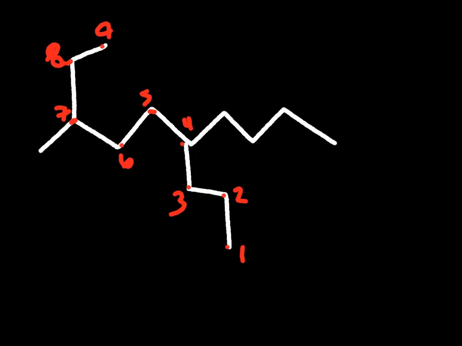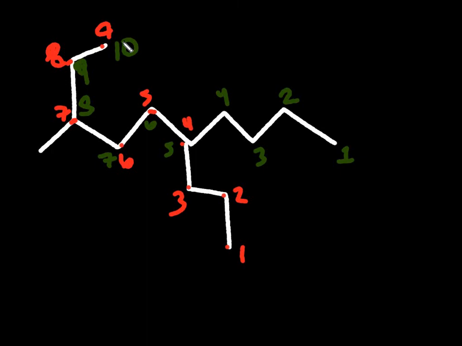So let's start here on this right side to left. We have 1, 2, 3, 4, 5, 6, 7, 8, 9, and 10. Wow, you see, the green numbers beat the red numbers. There's more carbons there.